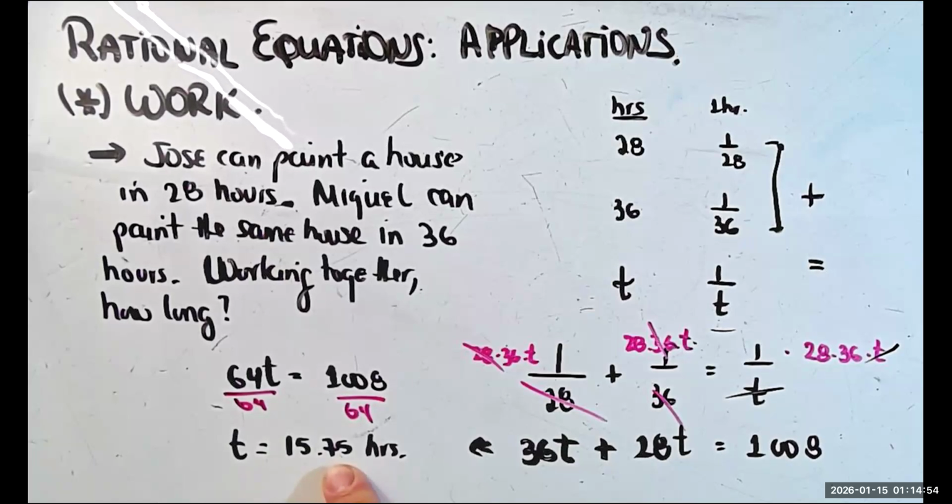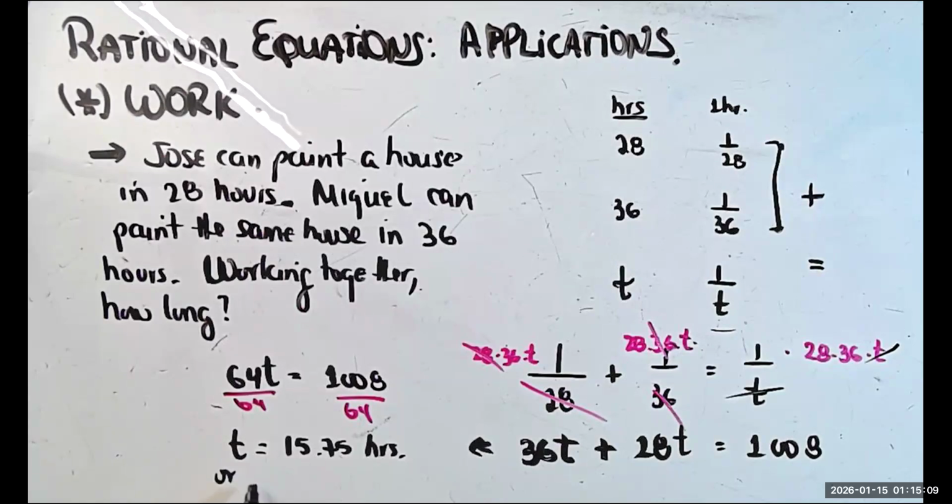Of course, how many minutes do we have in 1 hour? Well, 60 minutes. So if I take 0.75 times 60, that will give me the number of minutes. So 15 hours, 45 minutes.